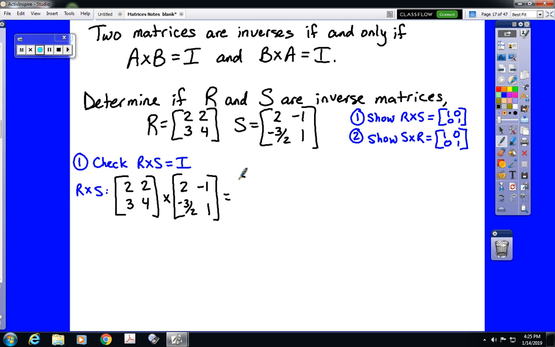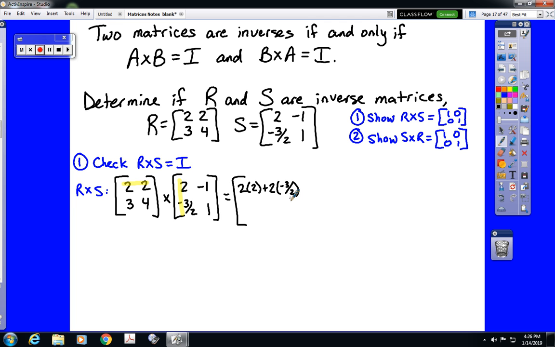Now we all should be relatively familiar with this process by now. We are going to do row 1 of matrix R times column 1 of matrix S. So that would be 2 times 2 plus 2 times negative 3 halves.